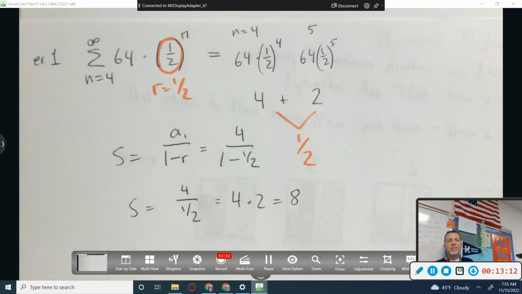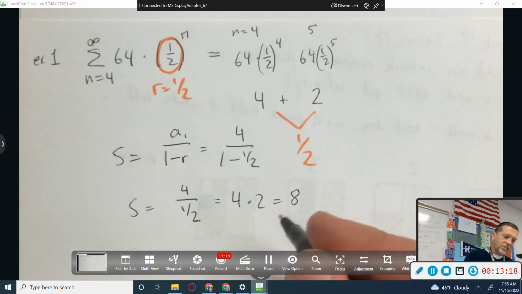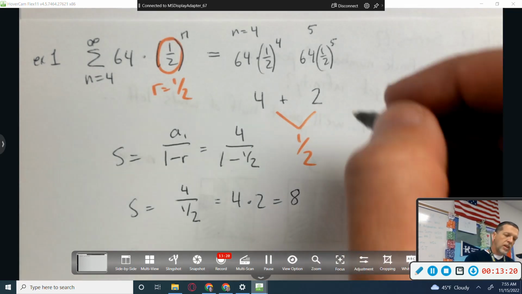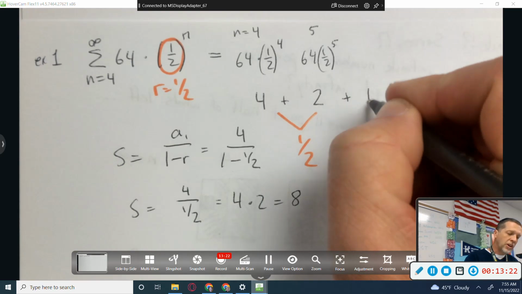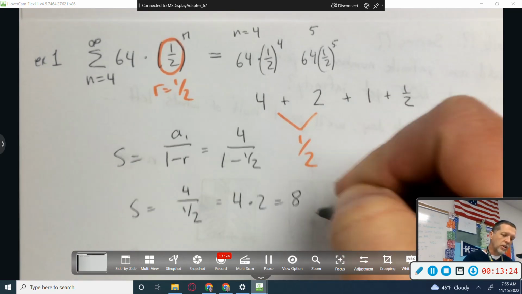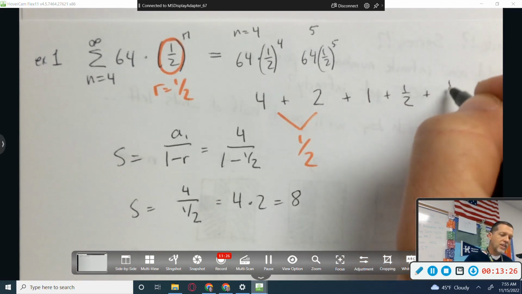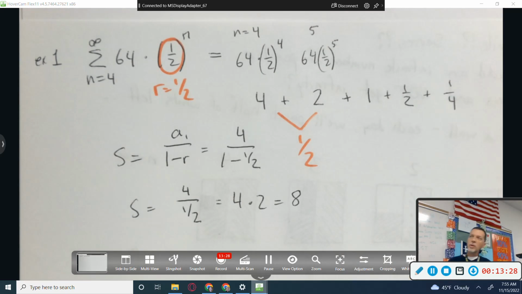So this is kind of weird that you could add up an infinite number of numbers and just get some regular number. It also makes it really hard to check, because the only way you could check to see if 8 is right, how many numbers would you have to add in the calculator before you got to 8? Probably a lot. All of them.